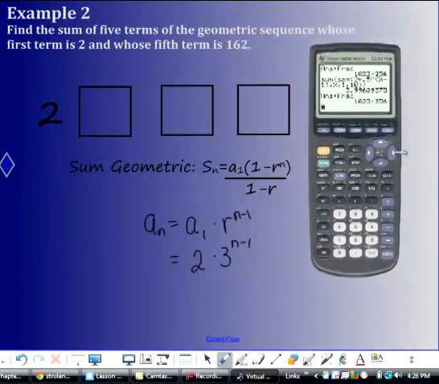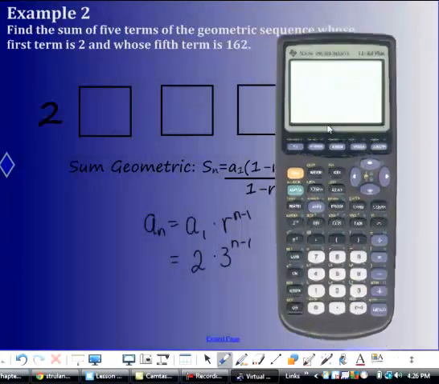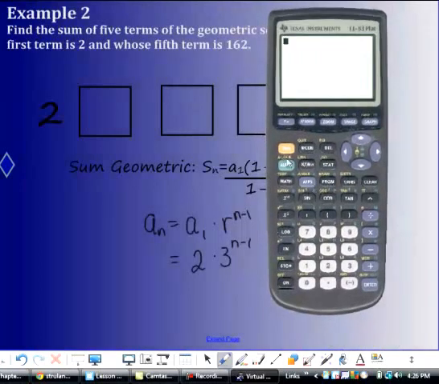All right, bring out my calculator, and I can do the same thing again. Second function stat, let's take the sum of this sequence, which is 2 times 3 to the (x minus 1), comma, define the variable as x, comma, and I want to go from 1 to the 5th term, and there's my answer, 242.